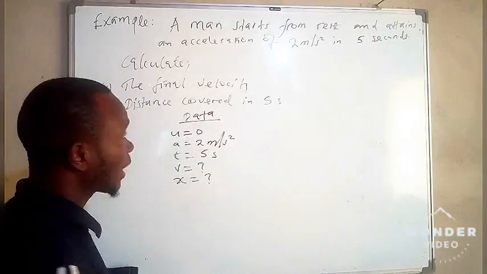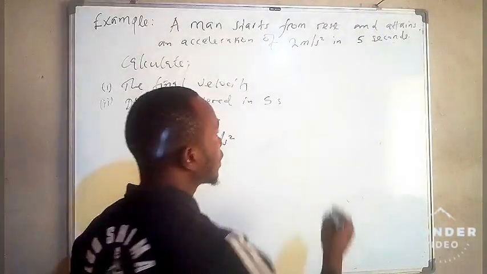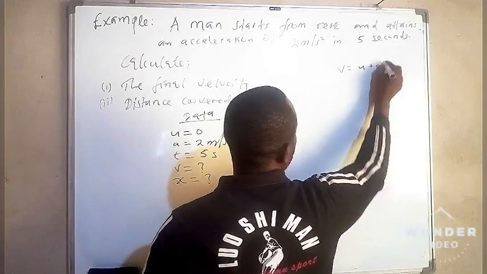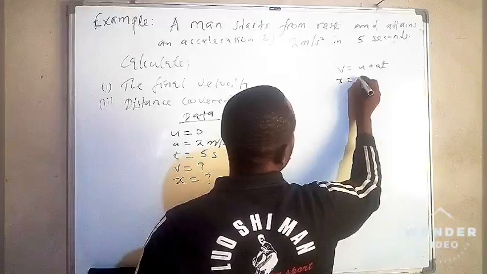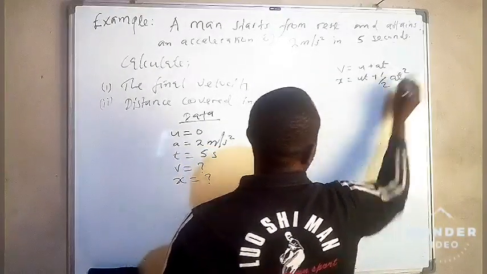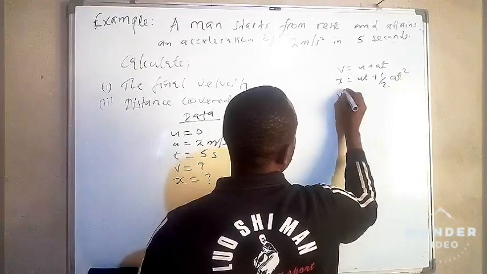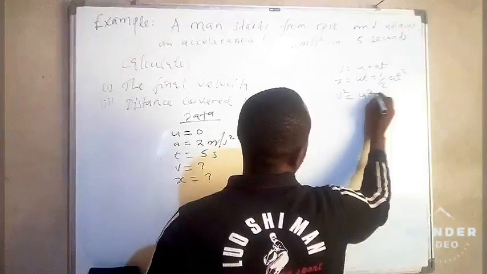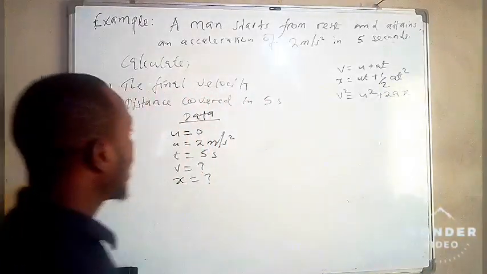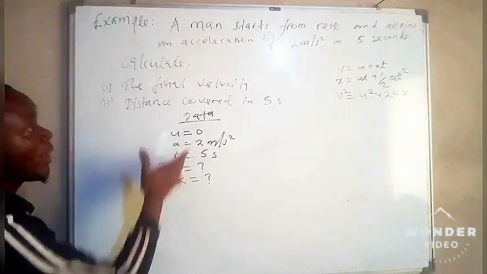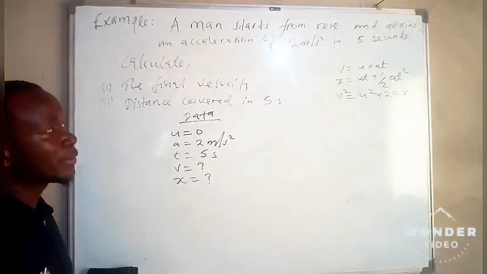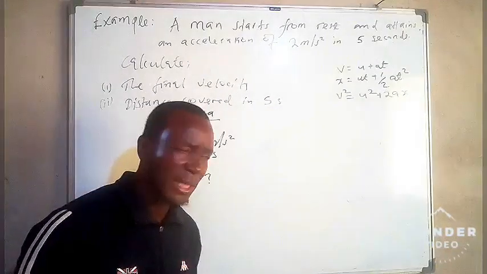Now we have the three equations of motion. The first one is v is equal to u plus at. The second one is x is equal to ut plus half at squared, and the third one is v squared is equal to u squared plus 2ax. Whenever we are calculating any of these variables, we need to be guided by the information that we've been given.